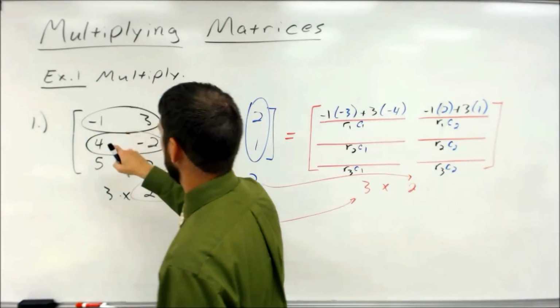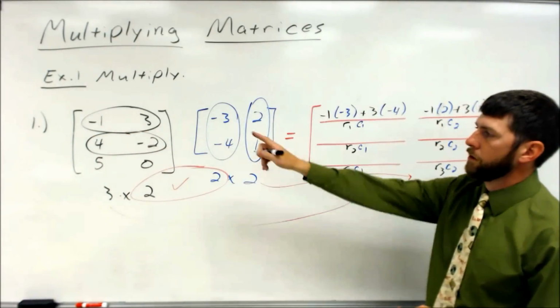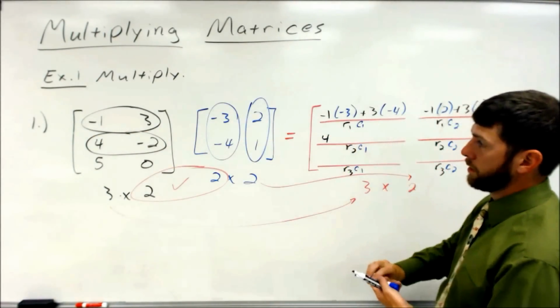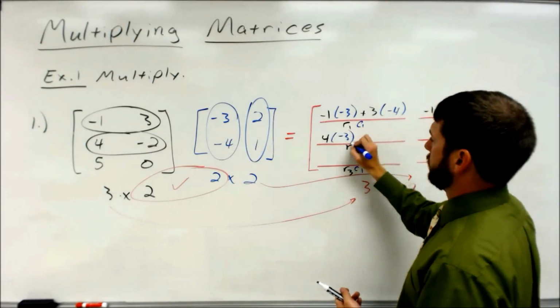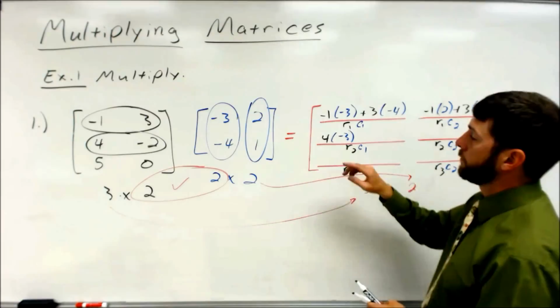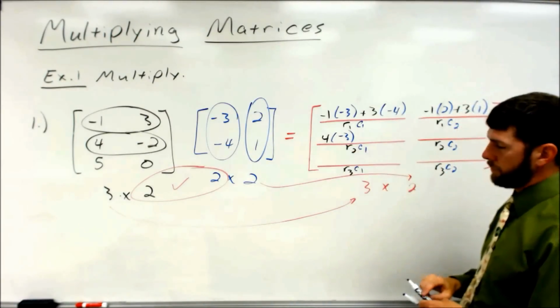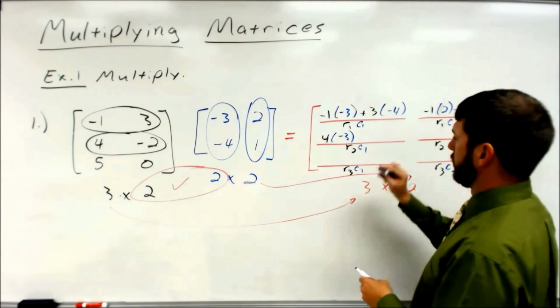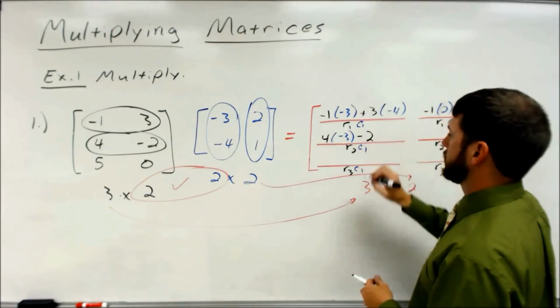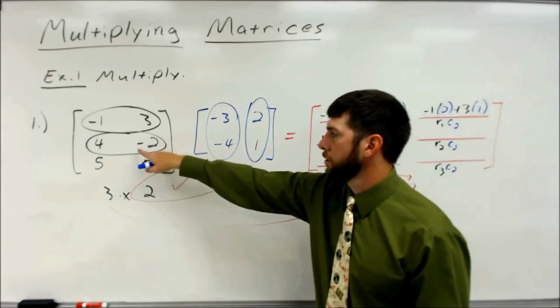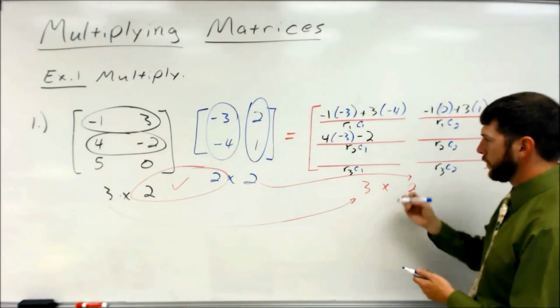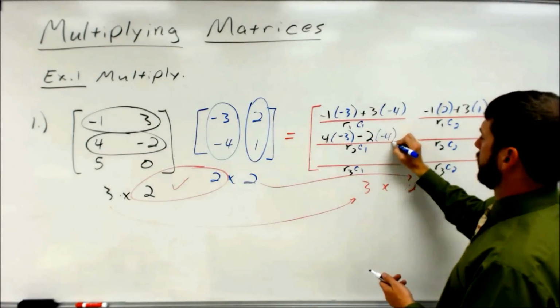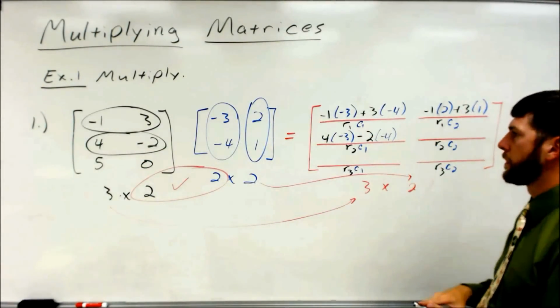So 4 from row 2 times -3 from column 1, plus -2 from row 2 times -4 from column 1.